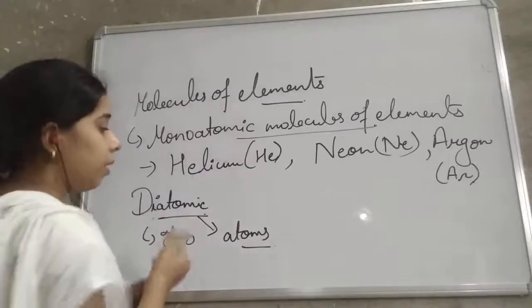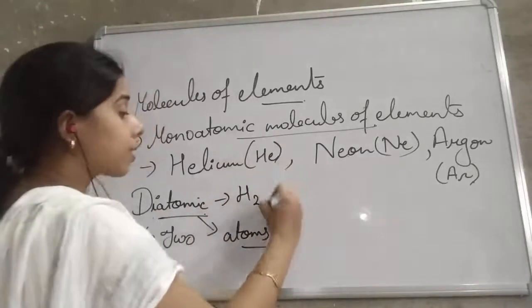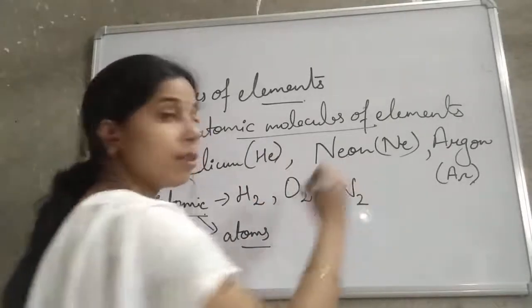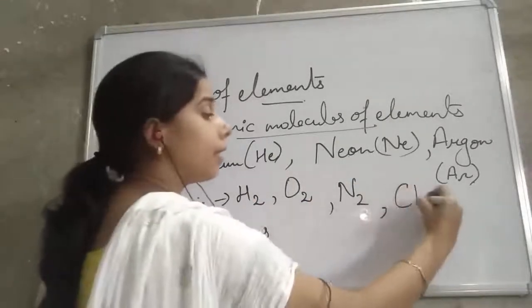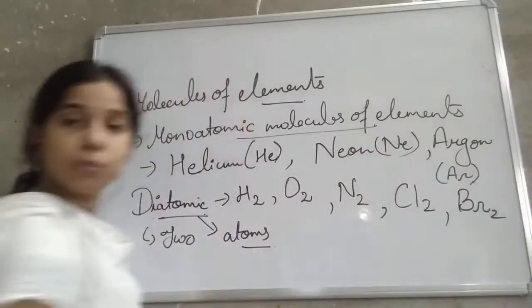For example, hydrogen H2, oxygen O2, nitrogen N2, chlorine Cl2, bromine Br2.